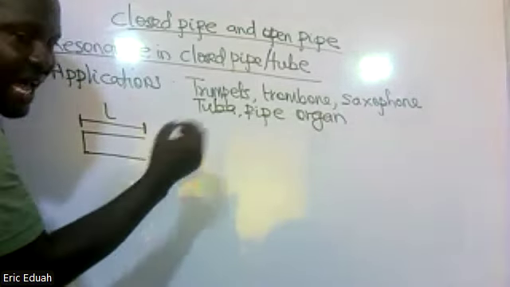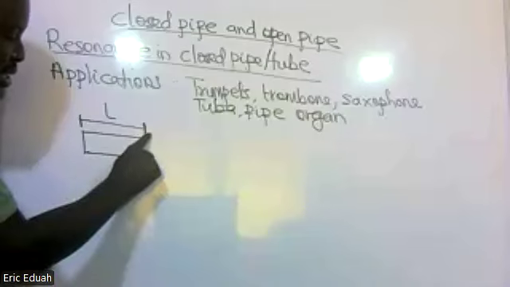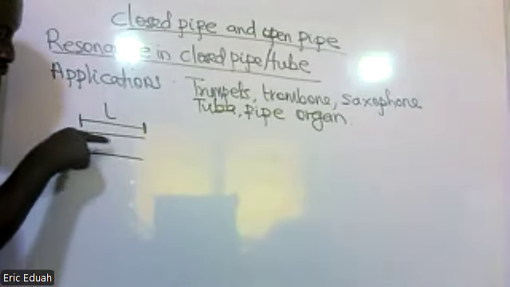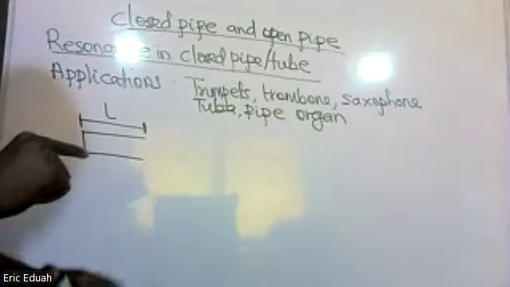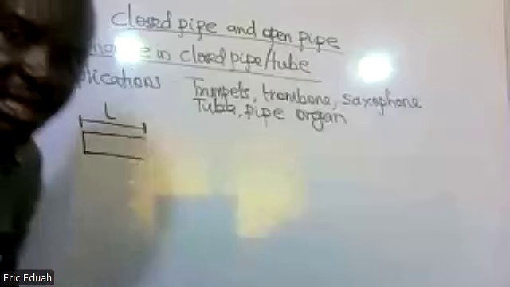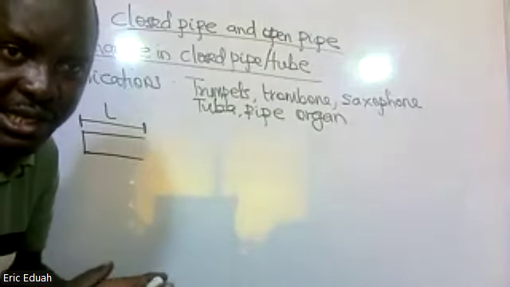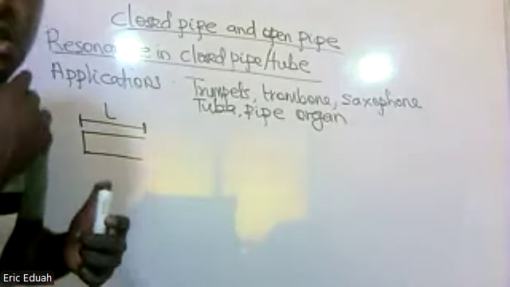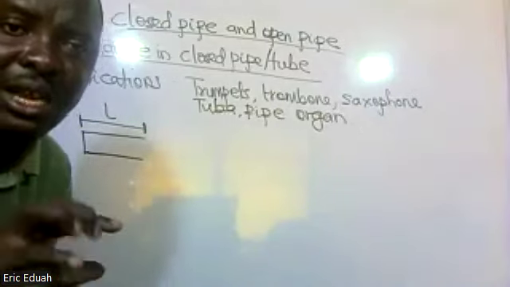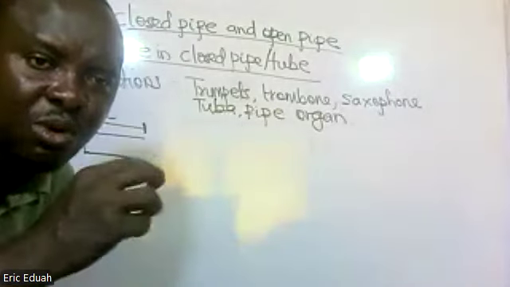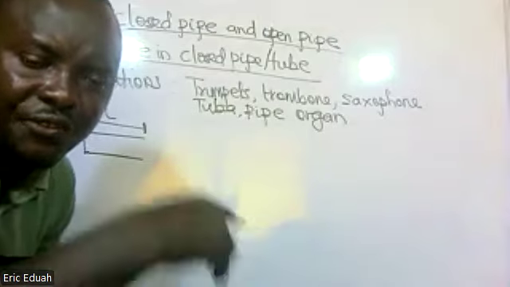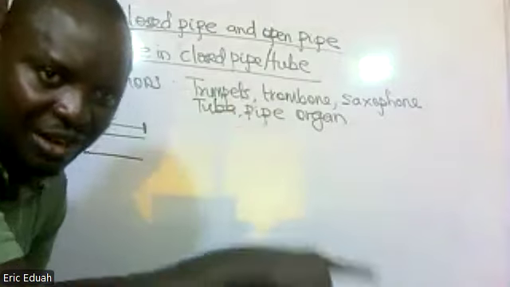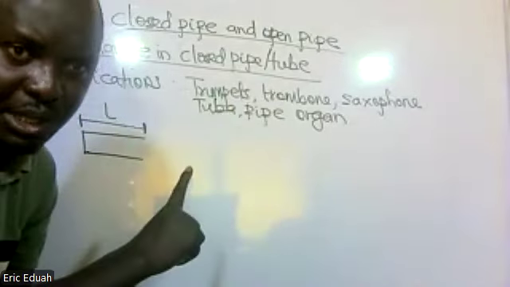Now, the air blown into it causes a disturbance of the air within the pipe and they resonate. When they resonate, resonance is said to have taken place. So resonance is basically when one vibrating body catches the frequency of vibration of another. Resonance in sound, I mean.